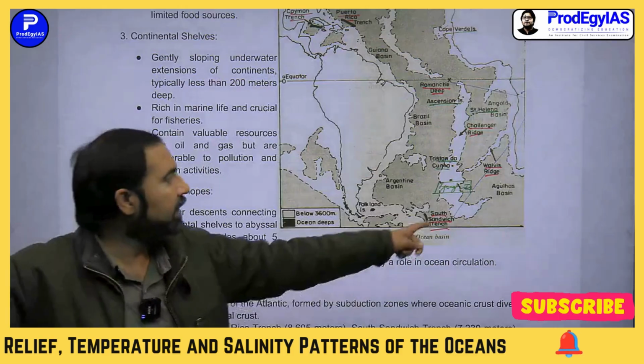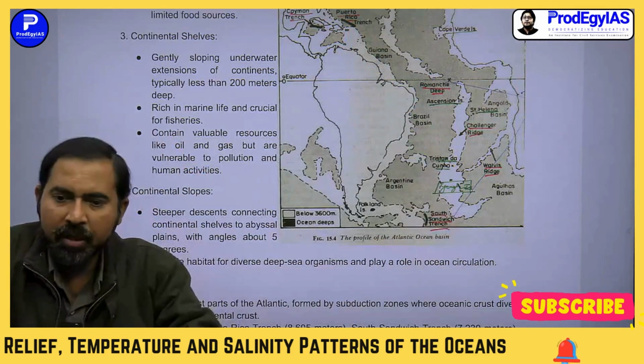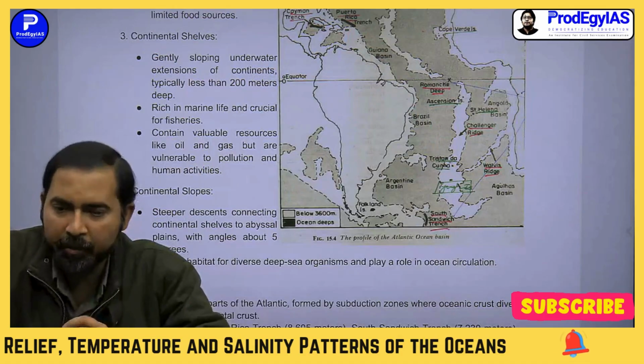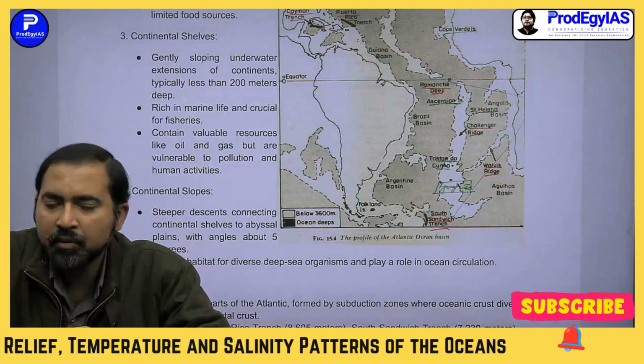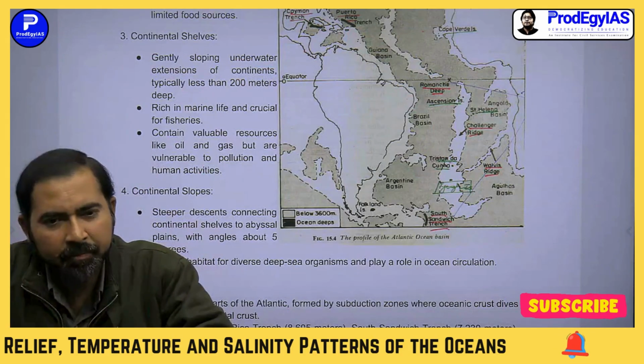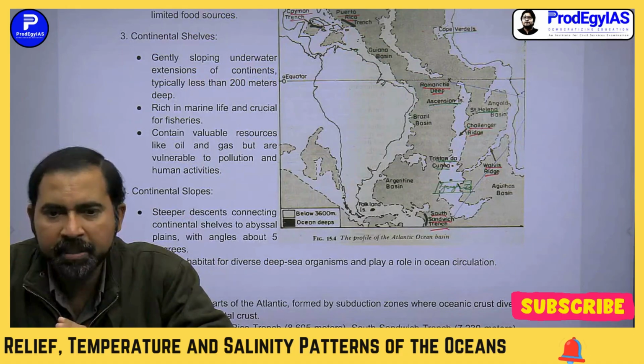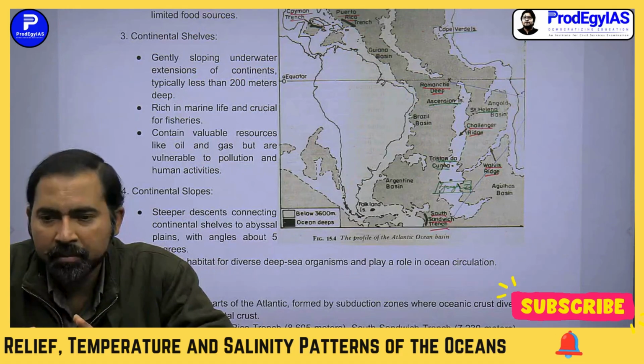Actually, in these areas of mid-oceanic ridges, you can say that there is always a source of magma underneath. So magma always comes out, and it is a basaltic type of very thin magma. Means it flows very easily.